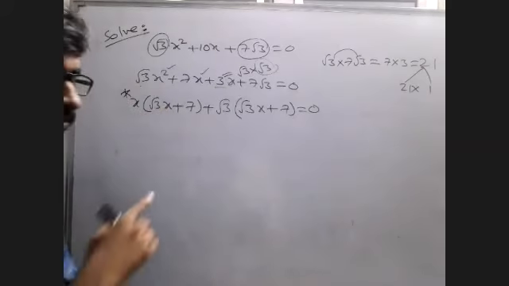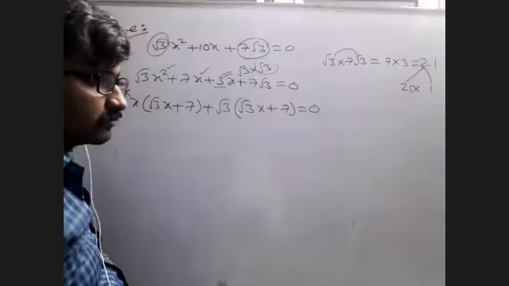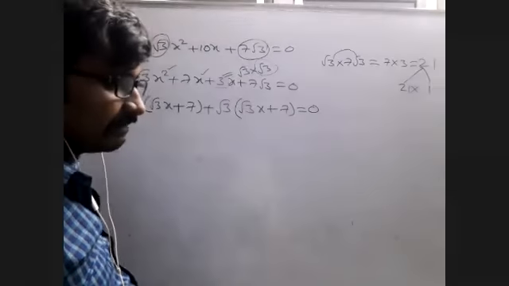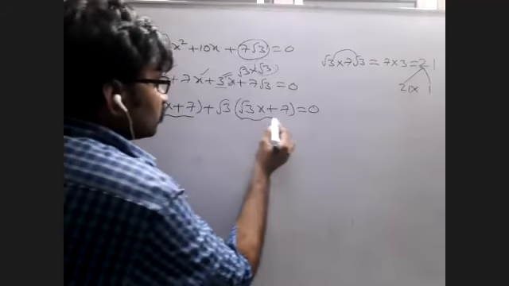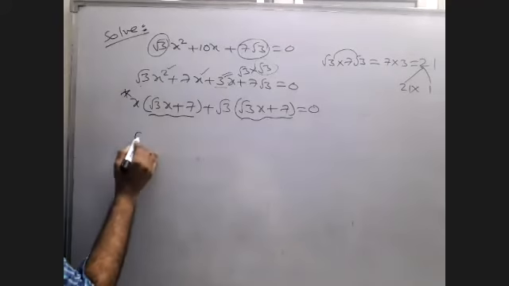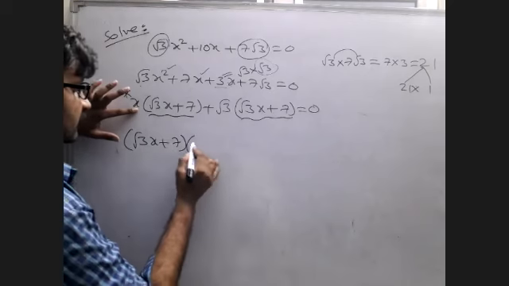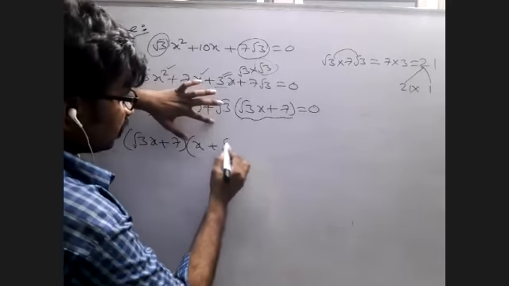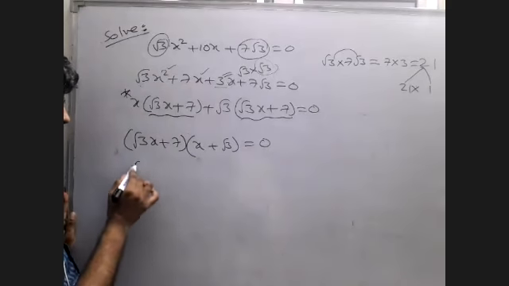Is there any doubt from this step? No, sir. Yes, very good. Now we can take these two same common. Root 3x plus 7 taking common, more x is there plus root 3 is there, is equal to 0. Now zero product rule we can apply for both.